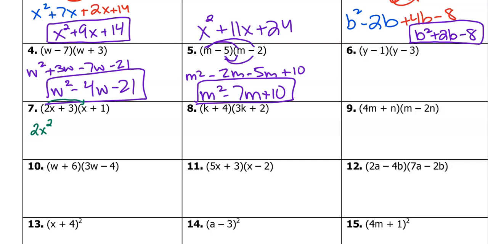Then we take 2x and multiply it by 1 on the end, which is just 2x. Now we're going to distribute the 3. So 3 times x is 3x, and then 3 times 1 is 3.